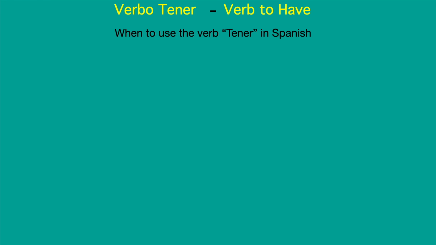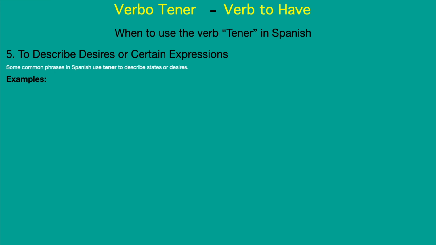And the last option that we are going to use is to describe desire, or a certain expression that you want to say. Here we have some common phrases as well. You use tener ganas de. Ganas de is a desire, like the feeling of wanting something, and then you put the verb in the infinitive, the same as with tener que.